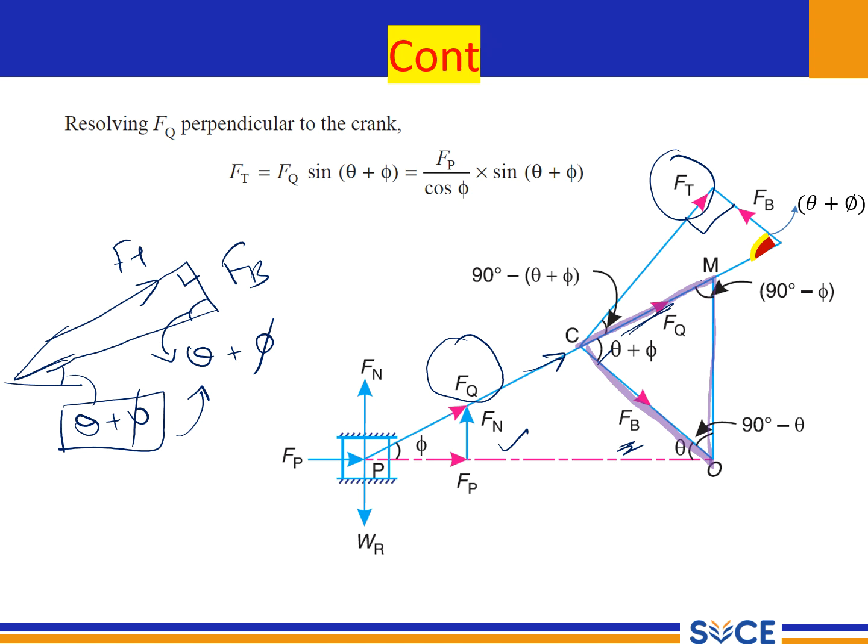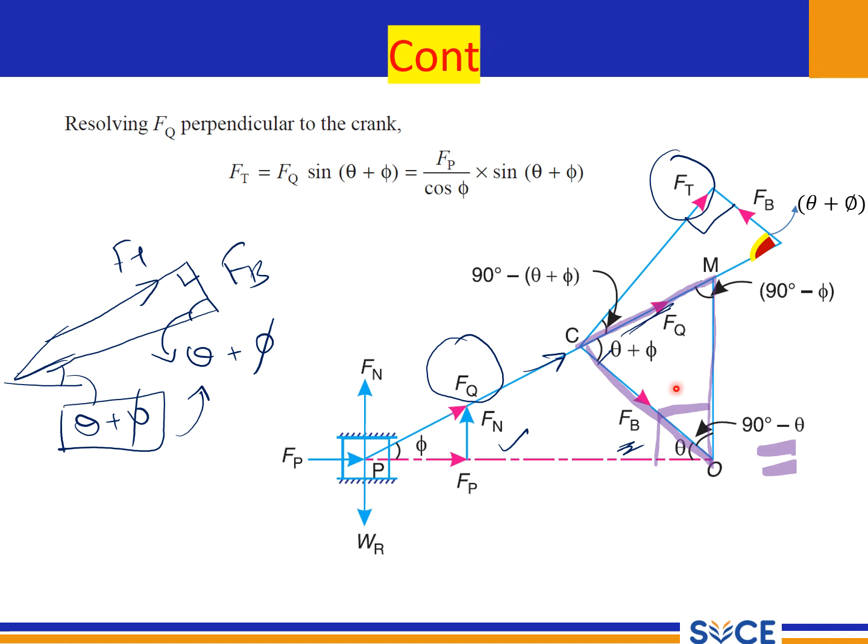When you take this triangle, this is 90, so 90 minus theta. When you take the full triangle, this is 90, this is phi, so this is 90 minus phi.